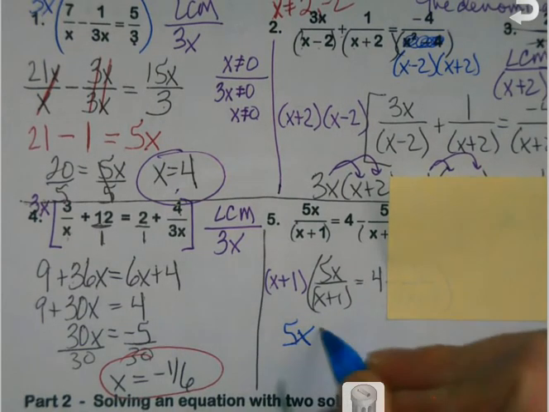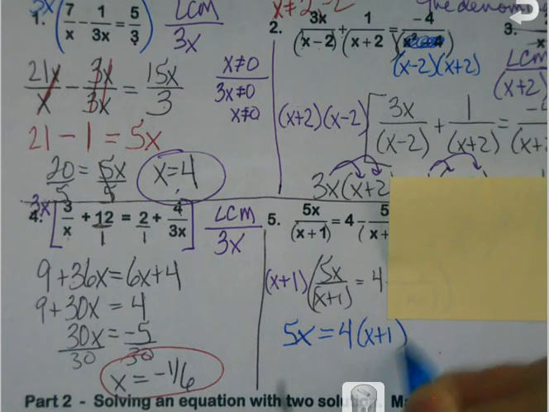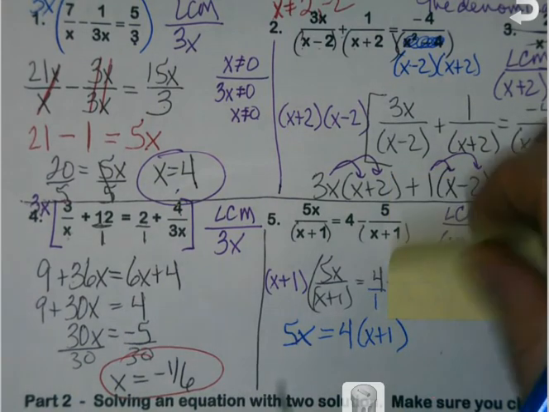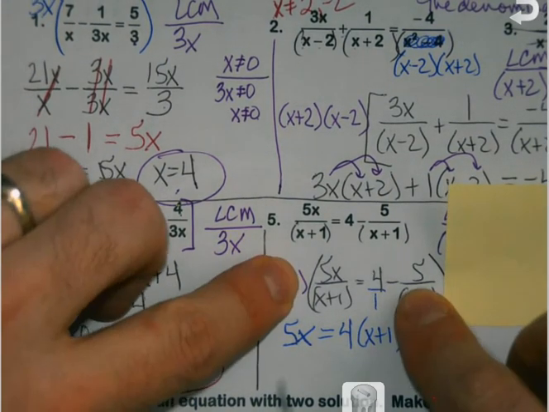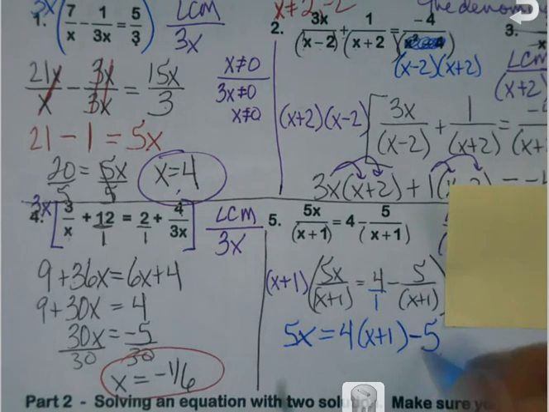Harty, nothing cancels. Okay, if nothing cancels, I just do 4 and the x plus 1, because I'd multiply them together anyway when I distribute it, because this is over 1. And I get to the last part. Ooh, the x minus 1s cancel. It's just minus 5.